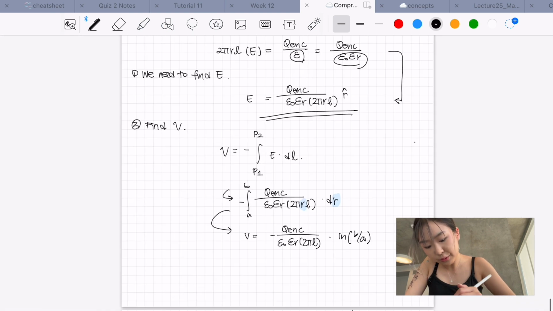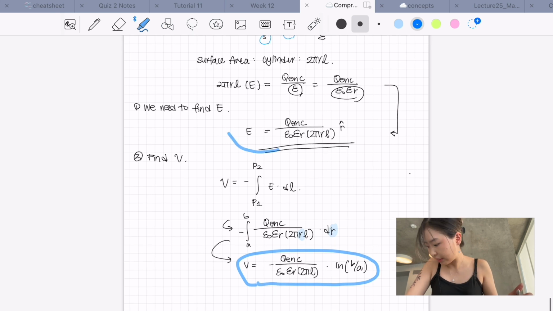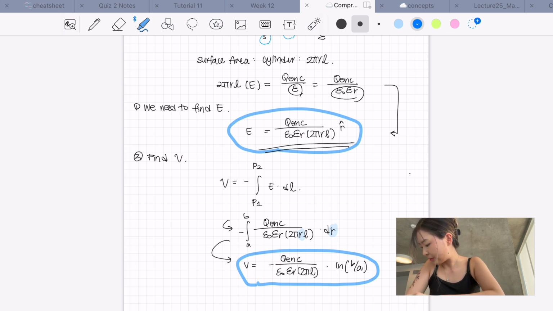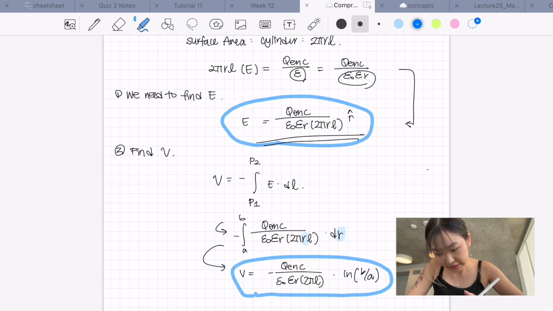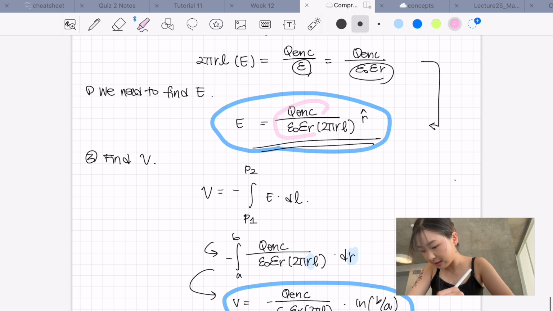So here, the reason why we needed the V is because we needed to quantify E in a way where we would have information on it using two different equations. If you look at these two equations, the one I highlighted in blue, you have Q enclosed here and Q enclosed here, epsilon naught epsilon R here and epsilon naught epsilon R here, and the 2 pi and the L here and the 2 pi and the L here.